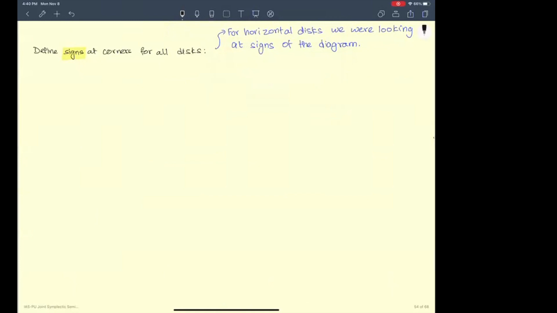Okay, so to describe these other boundary points, I need to make some more definitions. We had signs for these horizontal disks, because we had signs for the diagrams and the horizontal disk was sitting on the diagram. So they have a plus or minus that comes for free. But we want to extend this to give us more information.